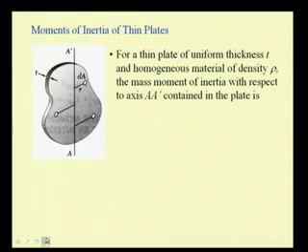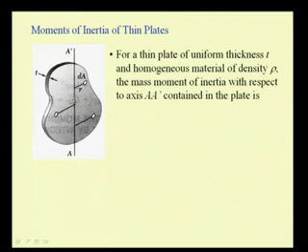So, here in this picture you see a thin plate whose thickness is T, and it is constituted of a homogeneous material. That means the density of the material does not vary from one point to another point in the given object. And let us consider this axis A prime, about which we are interested to find the second moment of this plate.